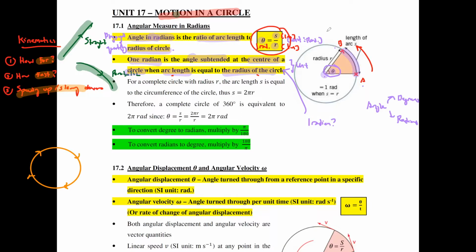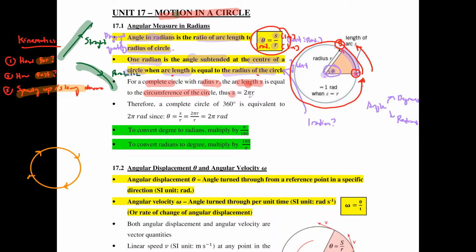Then after that, if you're talking about something that moves in a complete circle, just now I talked to you about the object moving from point A to point B. What about the case where it moves a full 360-degree circle like this? For the case where something moves a full complete circle, where the radius is r and the arc length is s, the arc length would actually be equal to the circumference of the circle if you make one complete circle.